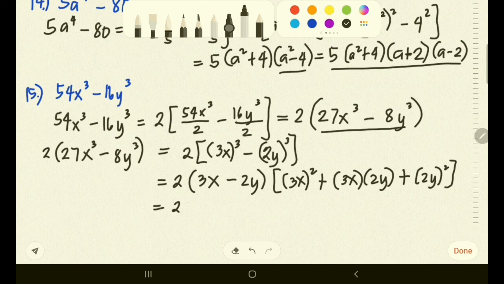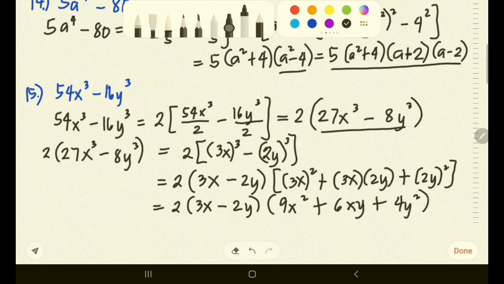So you have here 2 times the quantity of 3x minus 2y times square of 3x is 9x squared plus 3x times 2y, 6xy, and then plus square of 2y, 4y squared. Okay, they are the factors of 54x cubed minus 16y cubed.